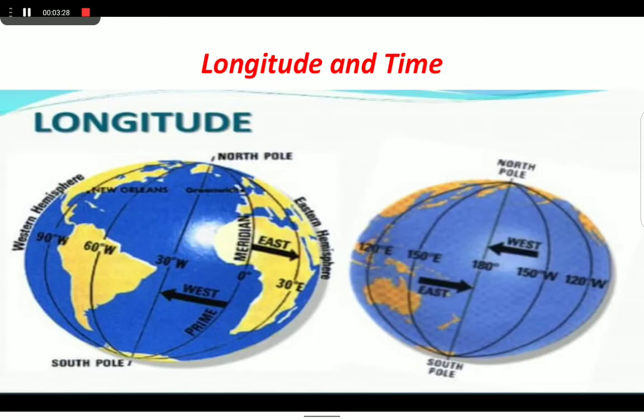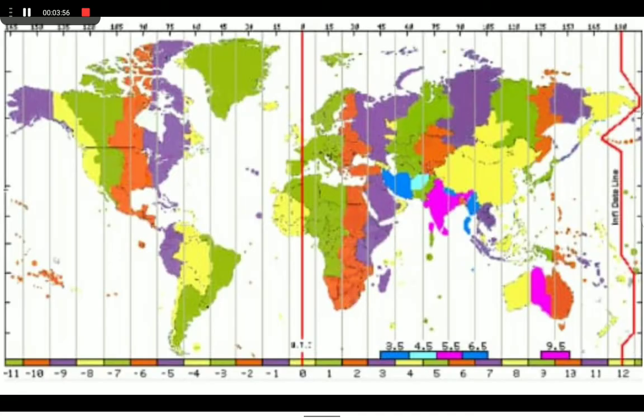Longitude and time. The movement of the earth, the moon, and the planets are the best means to measure time. The local time is denoted by the sunset and sunrise. The shadow caused by the sun is shortest at noon and longest at sunrise and sunset.